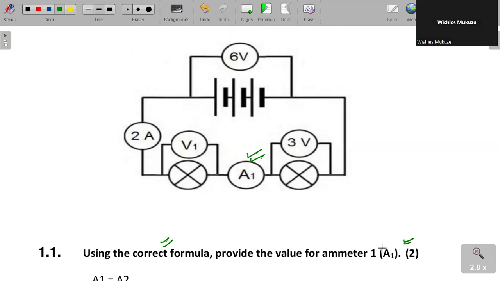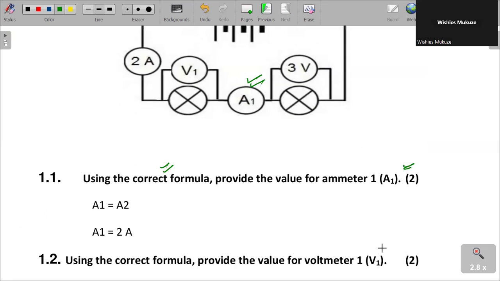I already worked it and put the formula there. Ammeter 1 is equal to ammeter 2. So A1 is equal to A2, which is equal to 2 amps.